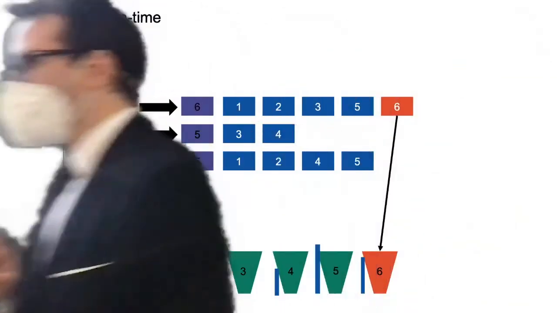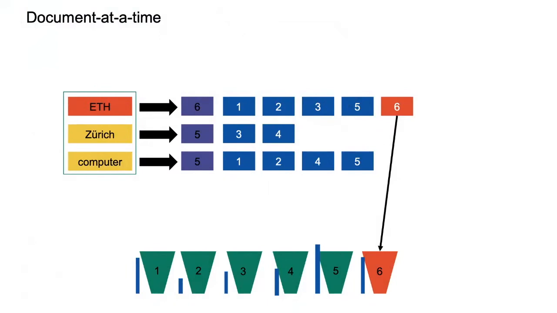Let's do a thought experiment. Give me one place where we see ranked results that you use every day. Yes, Google or DuckDuckGo or Yahoo or Bing or all of them, right? So search engines. How many documents are there? A lot, right? Billions, trillions.